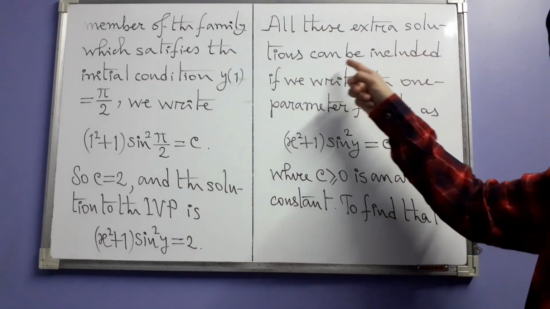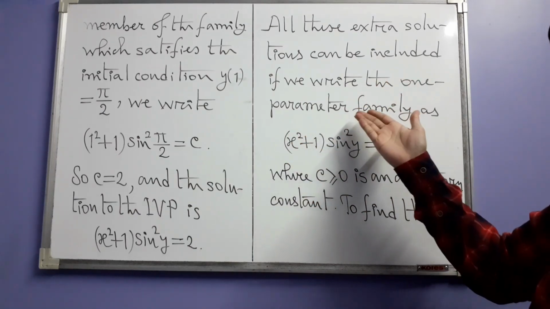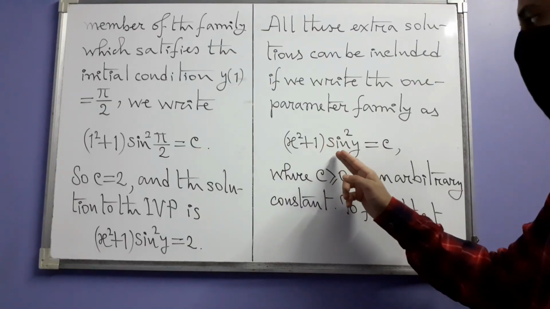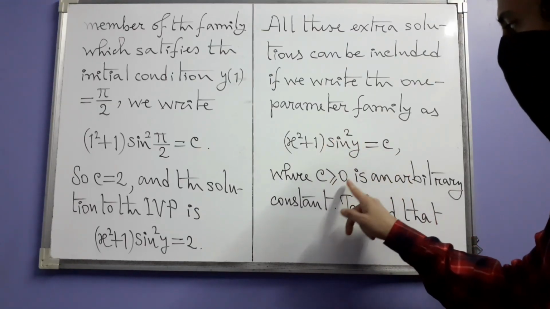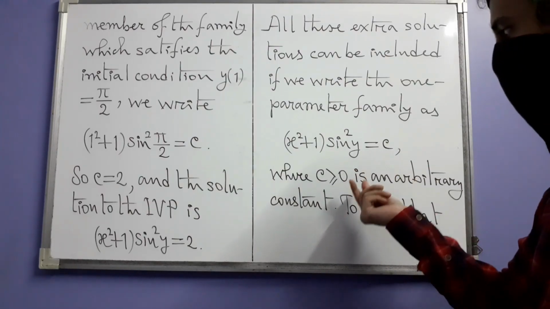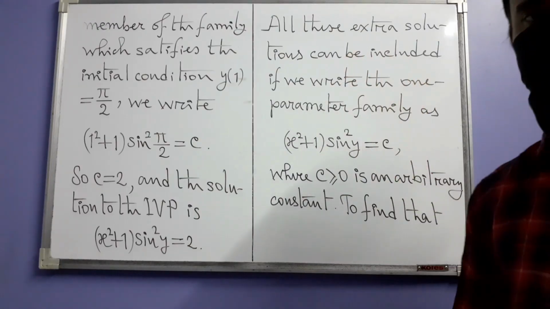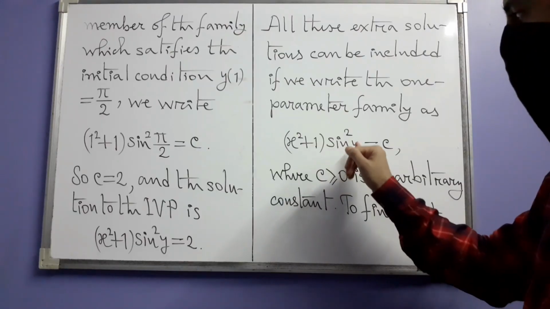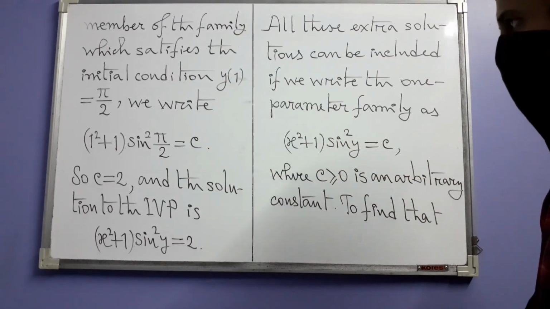All these extra solutions can be included in our one parameter family if we write the one parameter family as this: x square plus 1 times sine square y is equal to c, where c is a non-negative arbitrary constant. By allowing c to be non-negative but not strictly positive, we have included those things because we can take c equal to 0. So all the y's for which sin y is equal to 0 are also included.